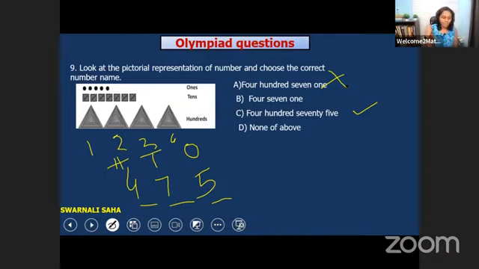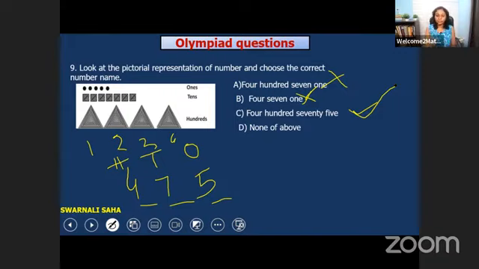Now, let's see option B. Here you can see it's 471. They are saying the same thing, so obviously it also cannot be the right option. So let's cut out this option. Okay. And the next option is 475. So it would be the answer, 475. Without counting all the things, you can find out your answer.